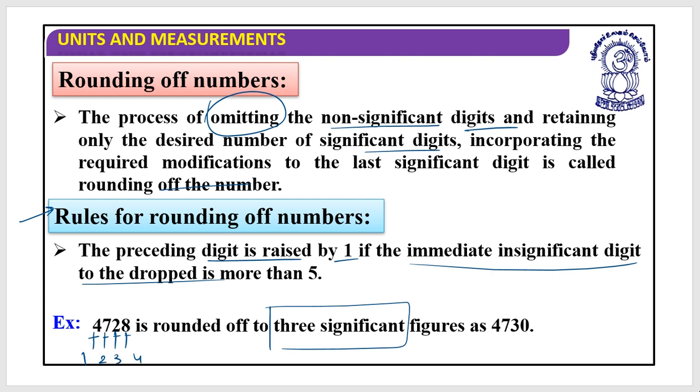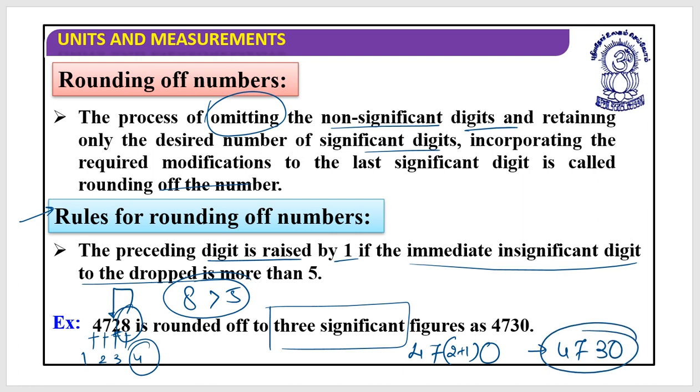That means I need to drop the fourth digit, which is 8. Yes, 8 is greater than 5. So I need to add one to the preceding digit, which is 2. So 4 7 would be the digits, 2 plus 1 is 3, and 0, so this is 4730. This is the required answer.